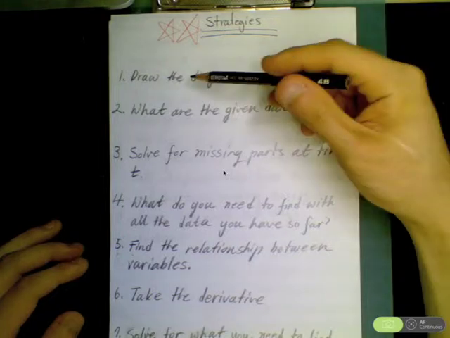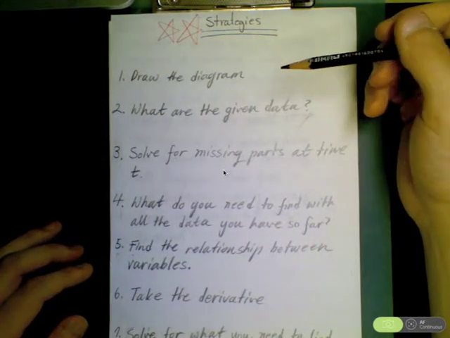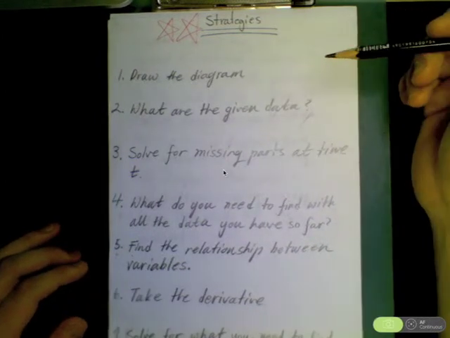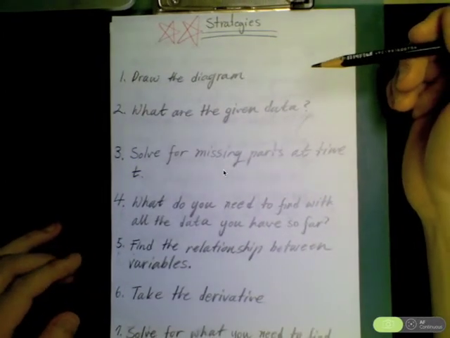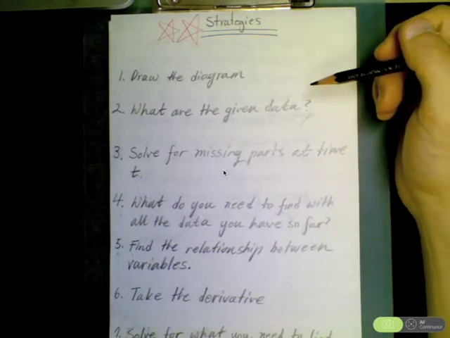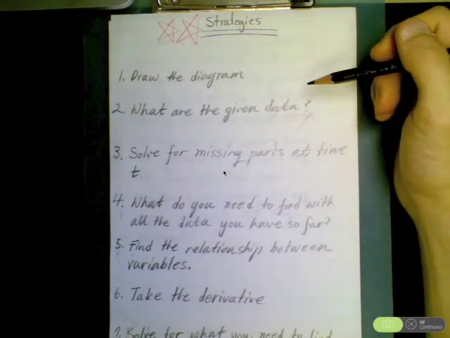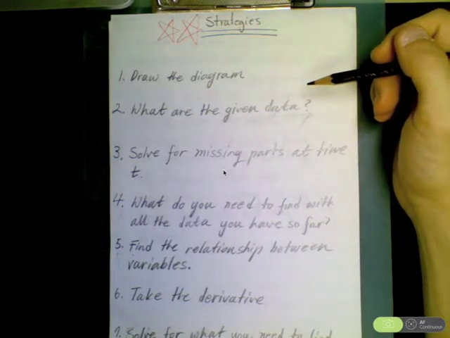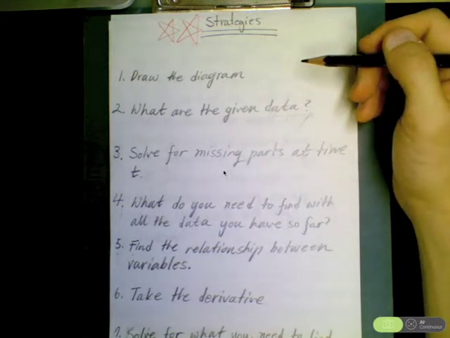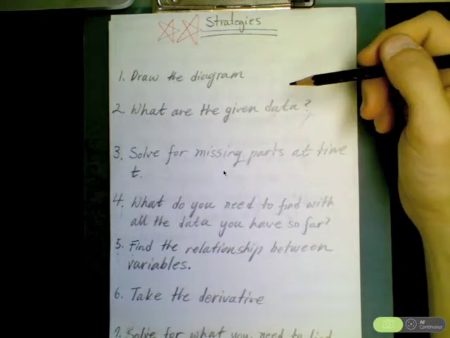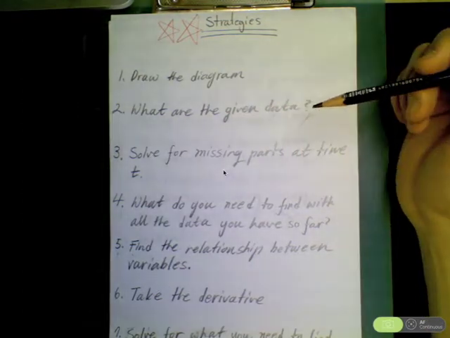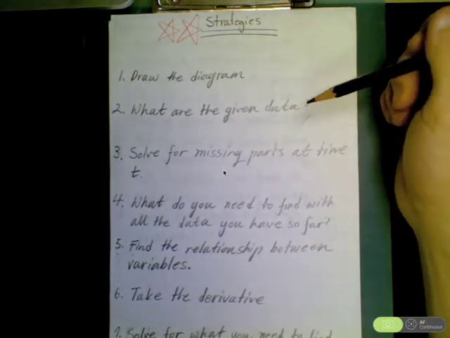The first step is draw the diagram. Why do we have to draw the diagram? Once we draw the diagram, we can see more information than we did before. For the second step, you have to find out what the given data are.